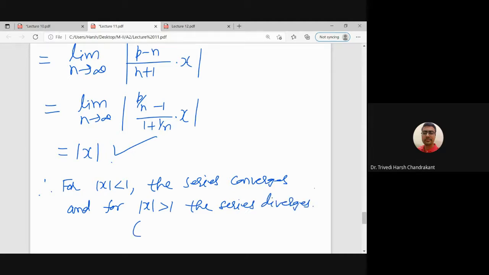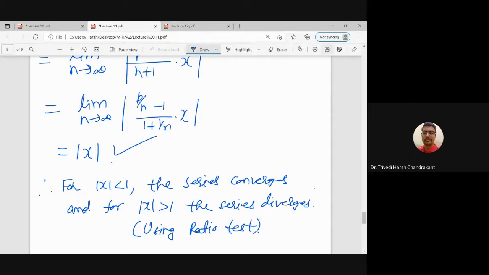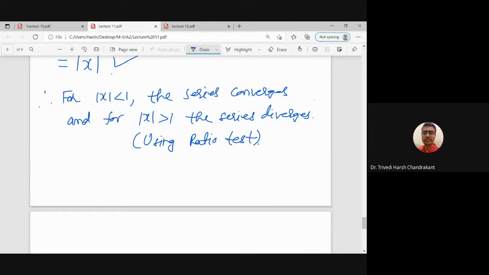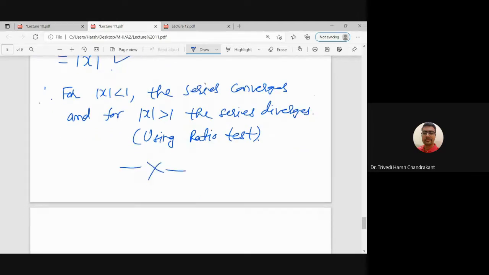And basically we are using here ratio test. So whenever we have a power series, we can use ratio test and we can identify where the series is convergent or divergent. And why we need the convergence and divergence of the series?